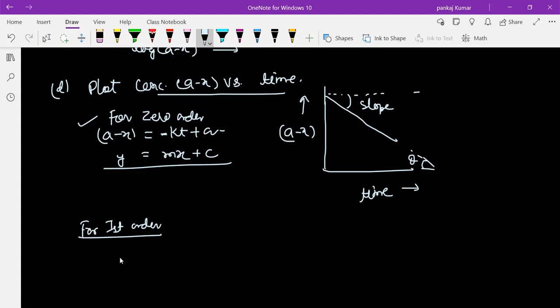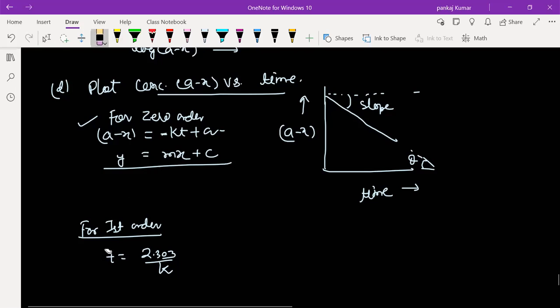y versus x, that is t, now t equal to 2.303 by k, isn't it? And that is equal to concentration. We have to take concentration versus time now. It will be minus k by 2.303, isn't it? What was the equation?